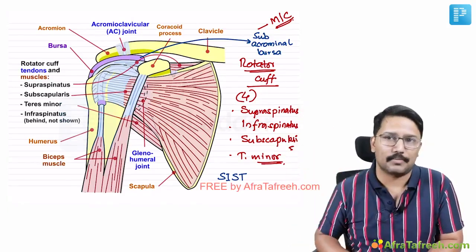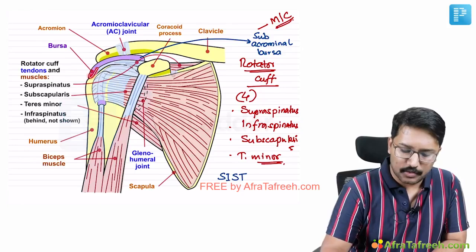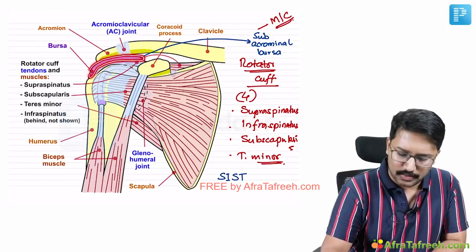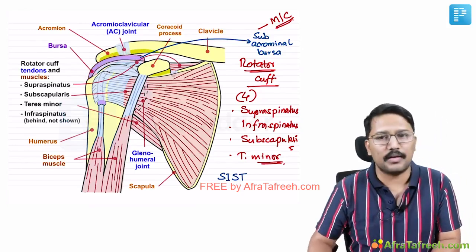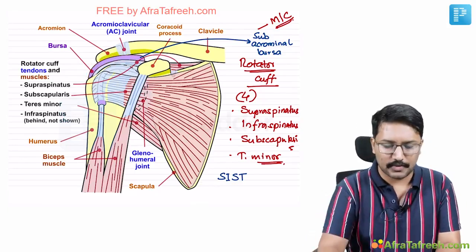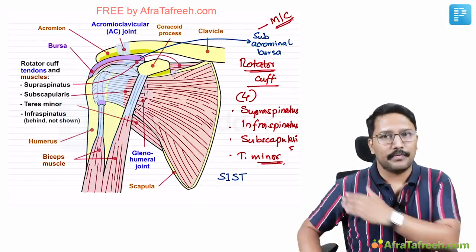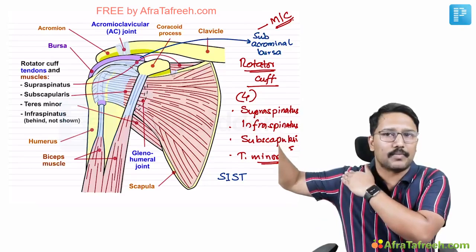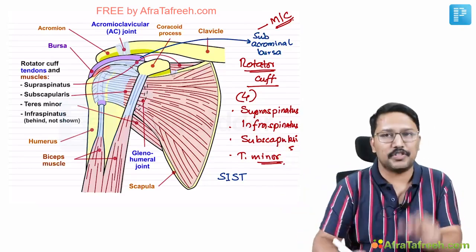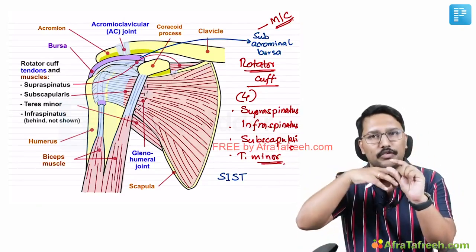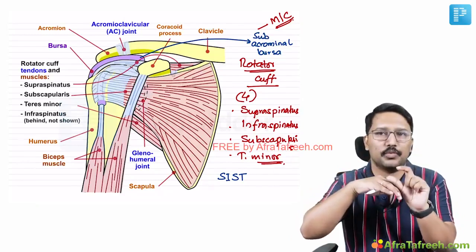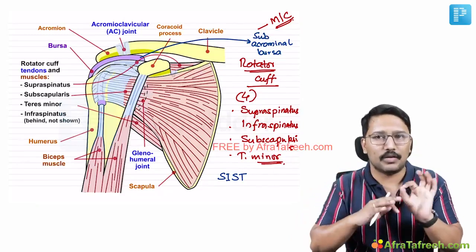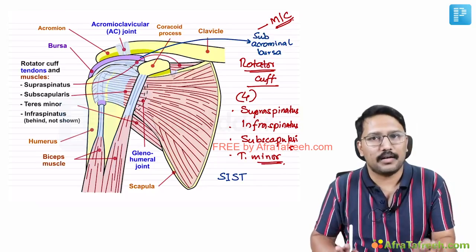Your abduction. Now, whenever there is subacromial bursitis, some other causes are also there for impingement syndrome, but most commonly it is subacromial bursitis. So whenever there is subacromial bursitis, when the arm is abducted, the tendon gets impinged between the acromial process and the head of the shoulder because the bursa is occupying too much space. This impingement causes pain. What is the pain triggering movement?